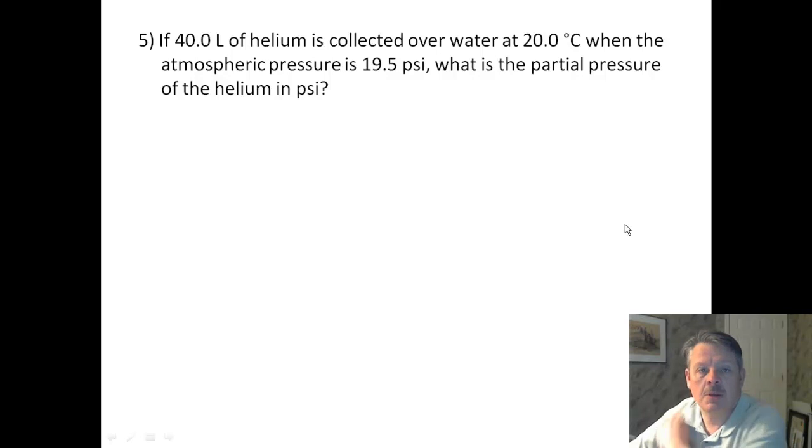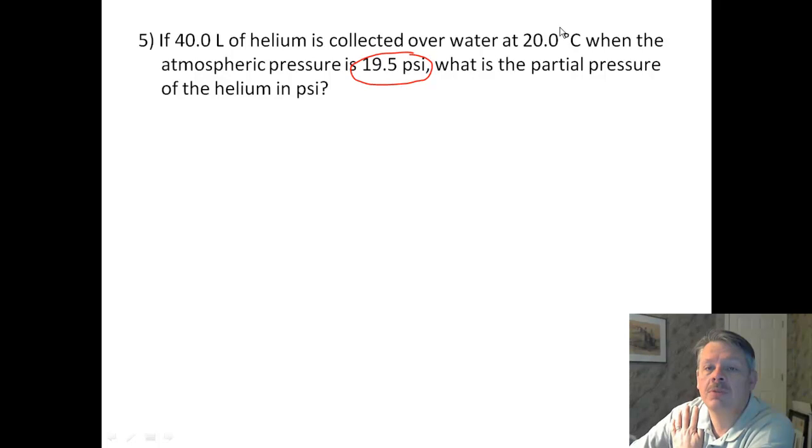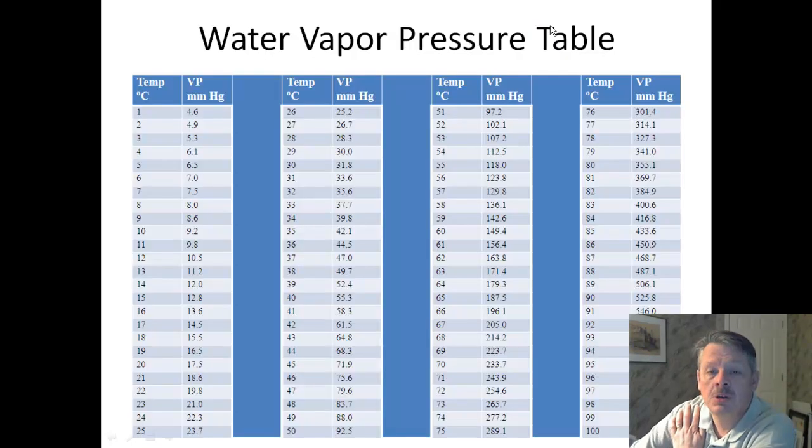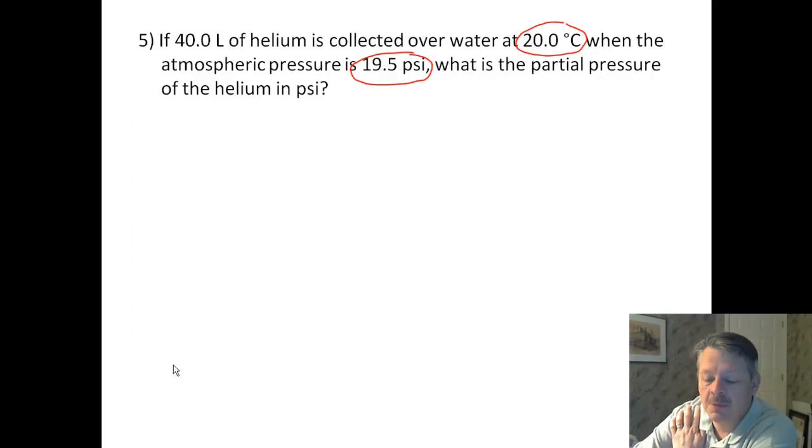Let's look at number 5. We have helium collected over water. The atmospheric pressure is 19.5 psi. At 20 degrees Celsius, we have, let's look at 20 degrees Celsius, way down here, 17.5 millimeters of mercury.